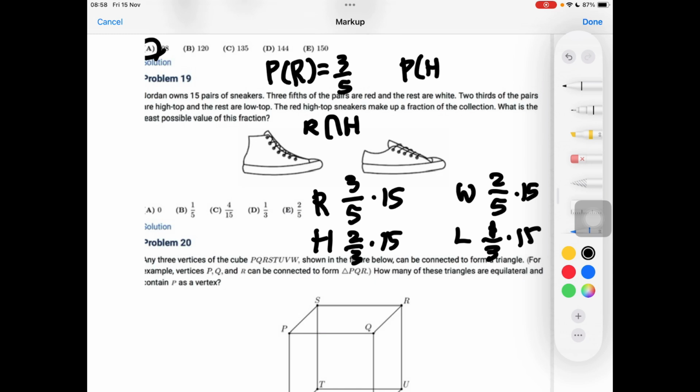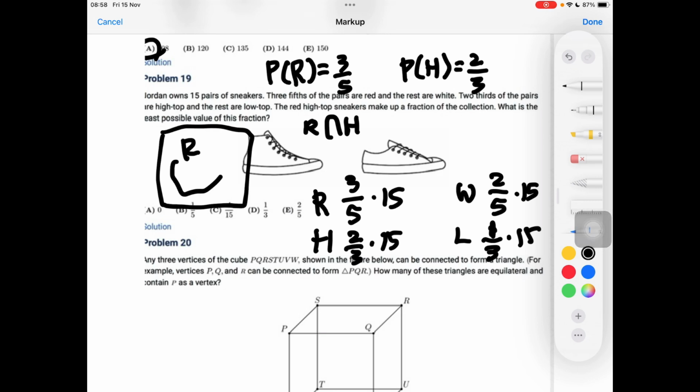Probability of high top becomes 2/3. So if we use this Venn diagram here, red and high top, we can think about this one. So here, the least possible value of this fraction, least possible value means least intersection. So as little as possible, which means red or high top, the union becomes 1.